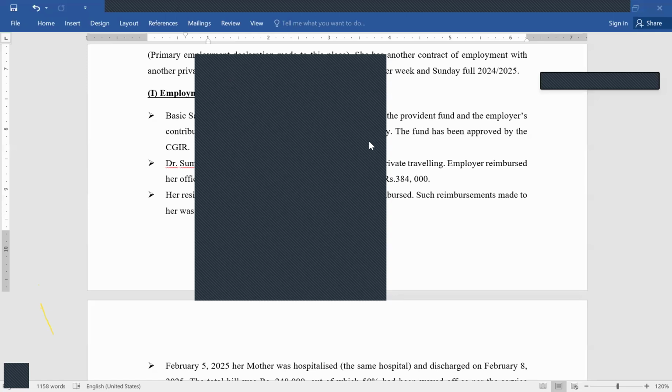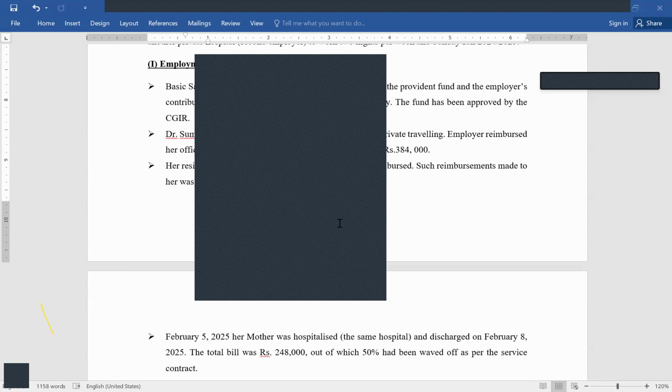If the vehicle is provided by the employer, then it will be taxable. If it's provided, we need to apply the table and it's 20K per month.